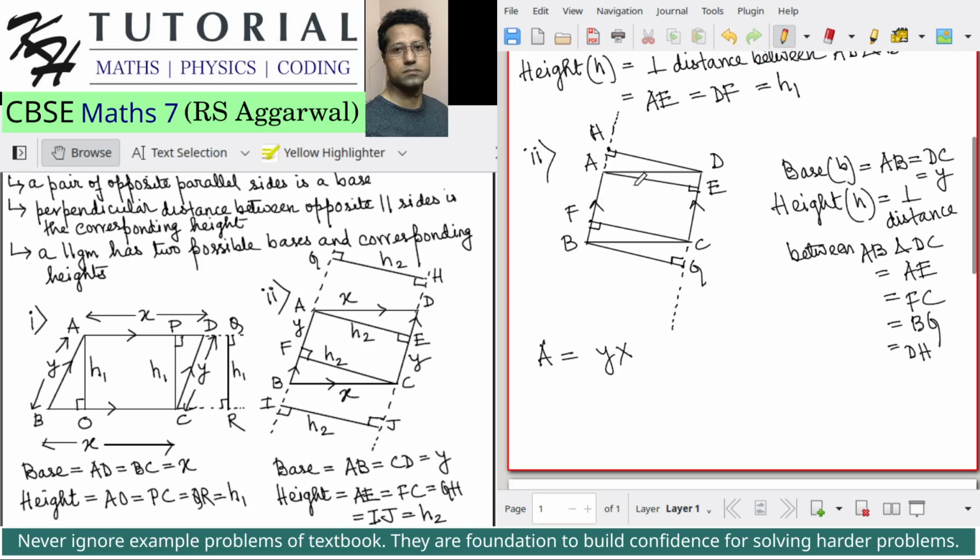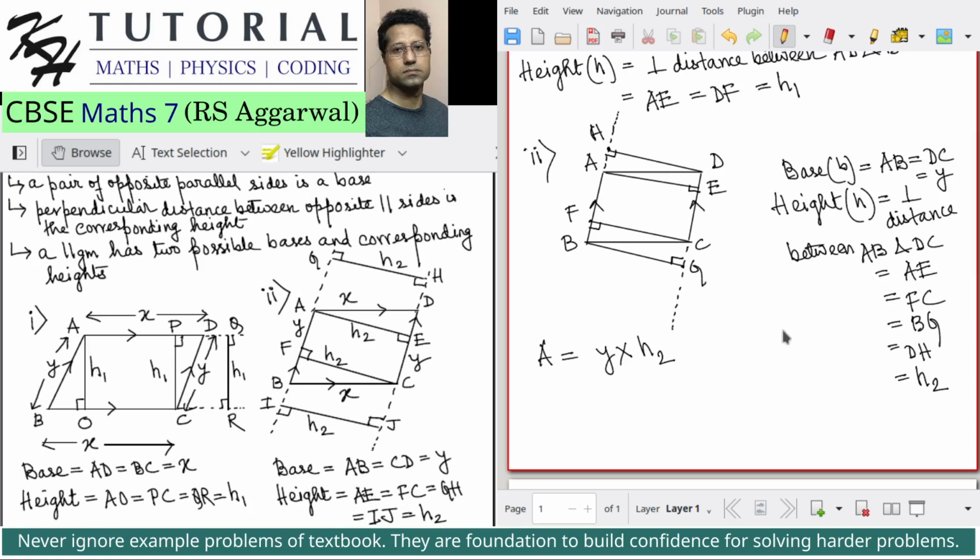Let's consider the height in the second diagram. The heights AE and FC, BG and DH are equal to h2. So the area will be y multiplied by h2, where y is the length of the pair of opposite parallel sides AB and DC, which is the base, and h2 is the perpendicular distance between the sides AB and DC.